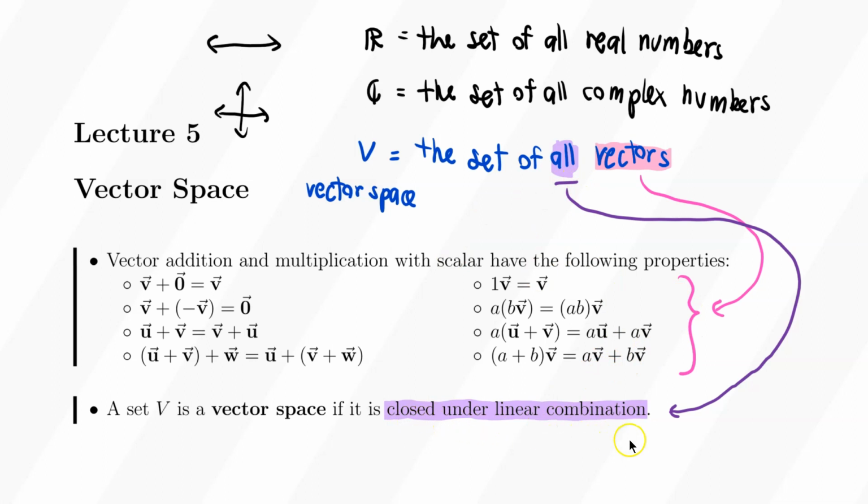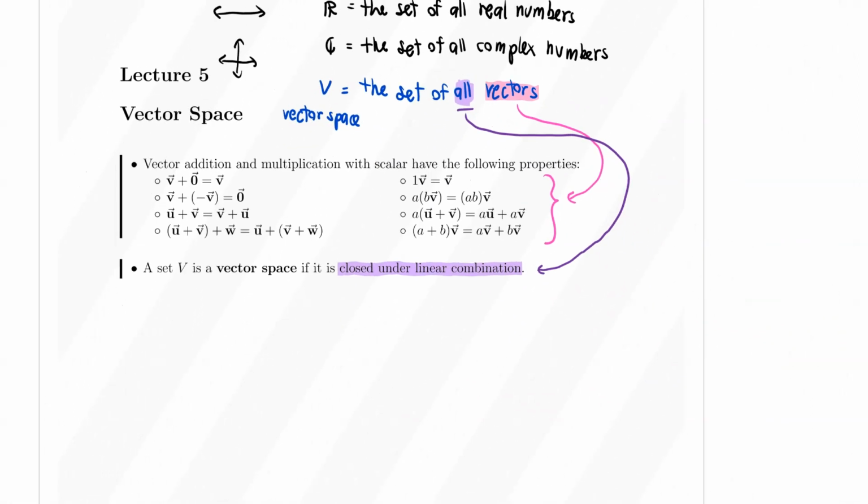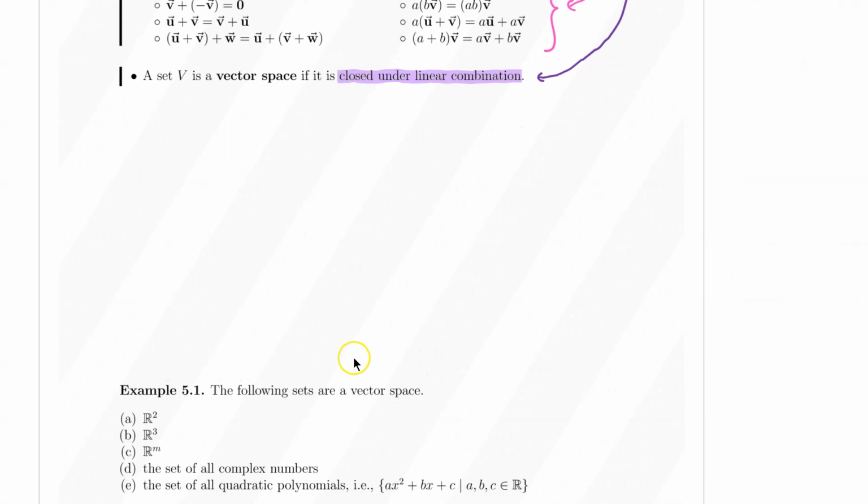so that means they are closed under linear combination. So if we look at the examples down here, the set of usual vectors in 2 dimensions, in 3 dimensions, or in any dimension in the usual sense in the coordinate system, is an example of a vector space. Or I can think of the complex number a plus bi as a vector as well.